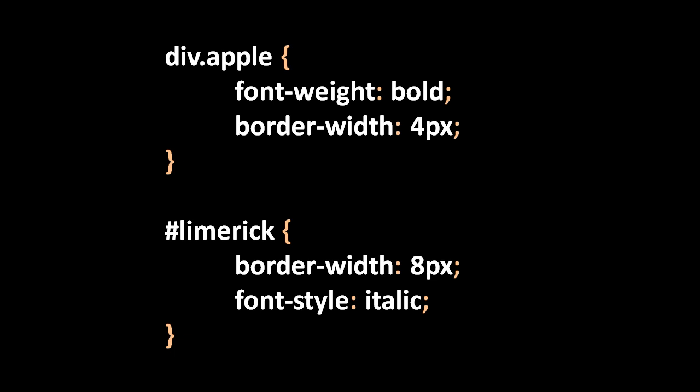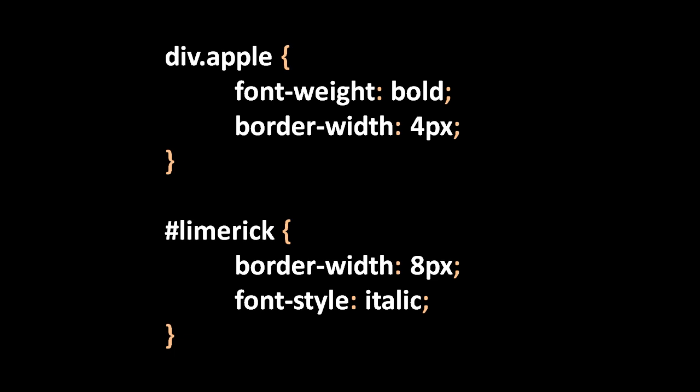We might have an element which is a div, which is a member of the class apple, but which also has the ID limerick. And if that's the case, the question is, which of those two border width properties takes precedence? Is the border width going to be 4 pixels or 8 pixels for that element?